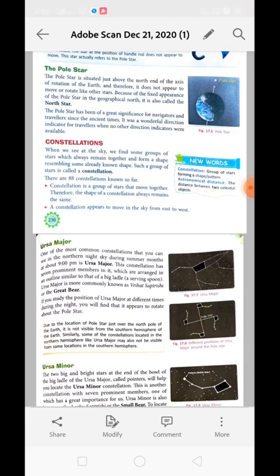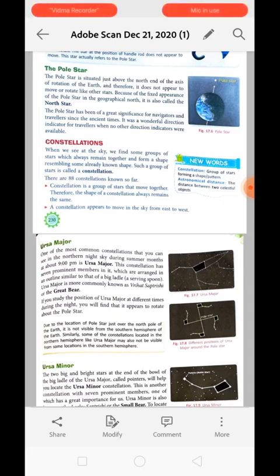Understood? Such a group of stars which resemble any known shape are known as a constellation. There are almost 88 constellations known so far. A constellation is a group of stars that move together. Therefore, the shape of a constellation always remains the same. Constellations appear to move in the night sky from east to west.